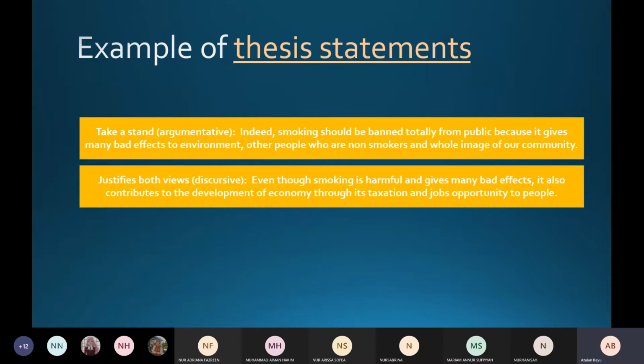Maksudnya walaupun merokok itu sangat buruk, memberi bad effect, tetapi dia juga menyumbang kepada ekonomi because dia ada tax and dia juga memberi peluang pekerjaan, orang boleh menjual rokok and so on. Okay, so ini kalau you buat discursive, memang you kena buat both views lah. Kalau negatif macam buat ada positif, mungkin satu paragraph, janganlah sampai dua paragraph because we know smoking is very bad. Tapi walaupun bad, dia ada sisi baik lah dari segi ekonomi.